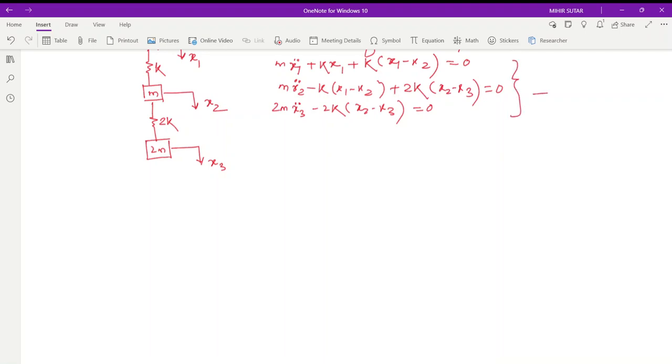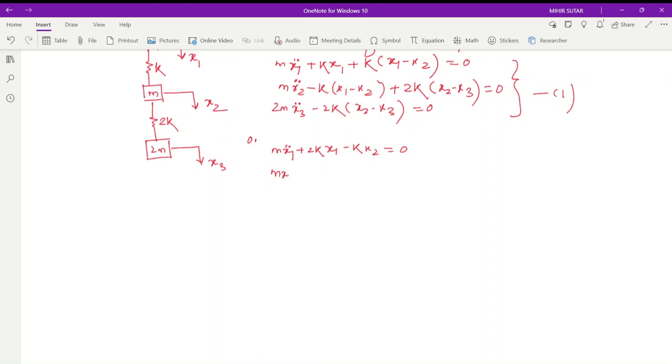Let's say this is equation 1, or we can write this as m x1 double dot plus 2k x1 minus k x2 is equal to 0.